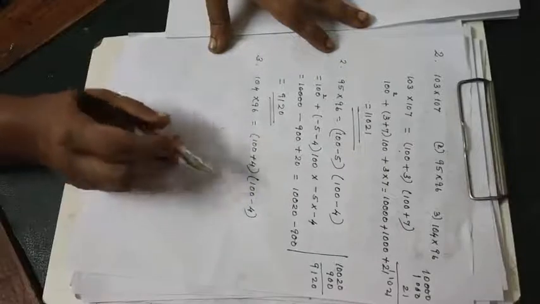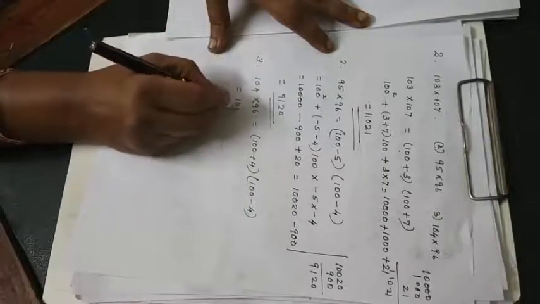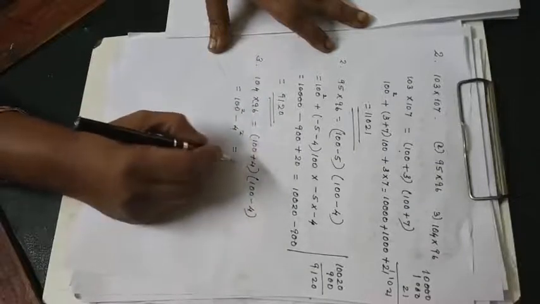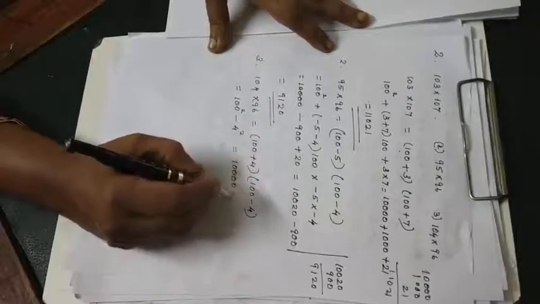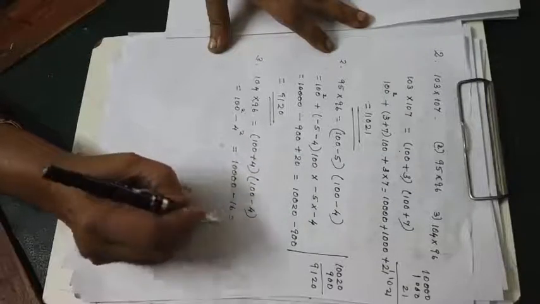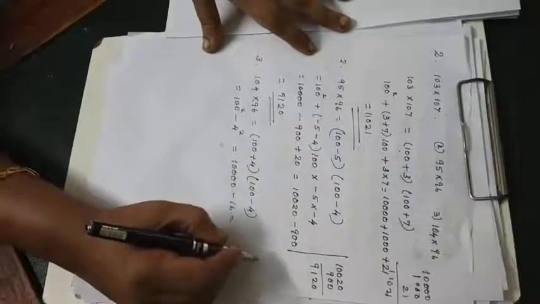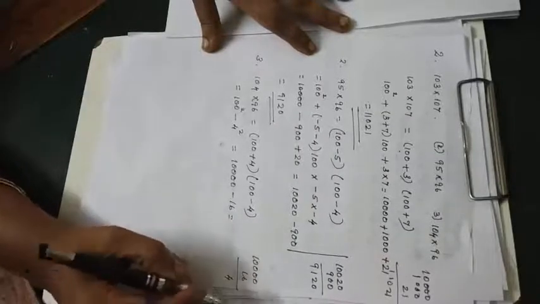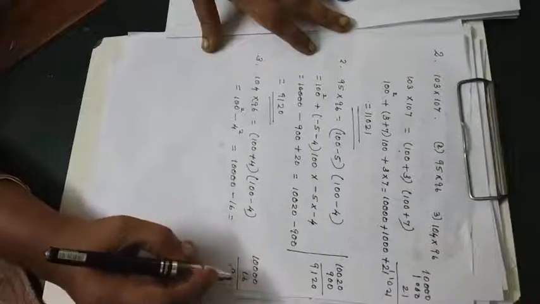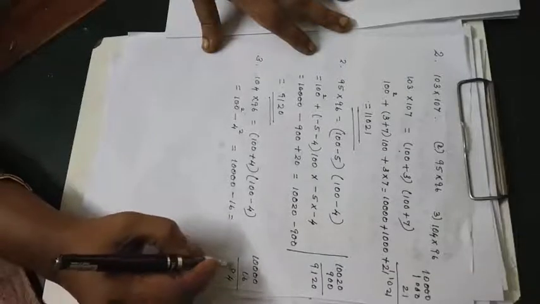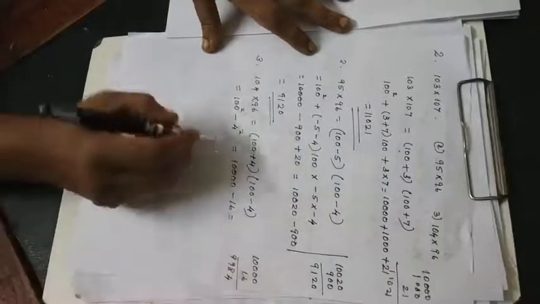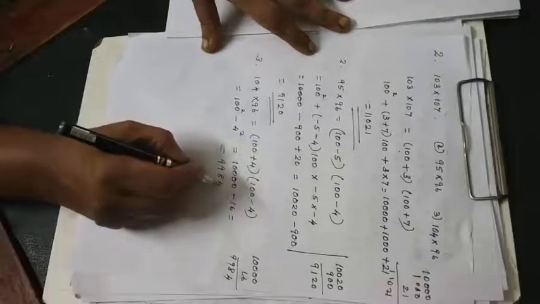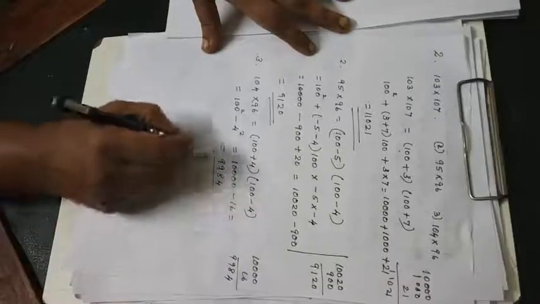A square minus b square, that is 100 square minus 4 square, that is 10,000 minus 16. 9,984.